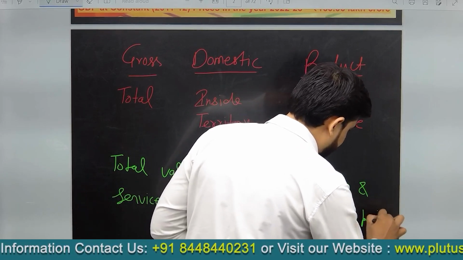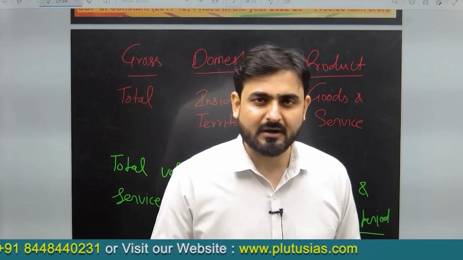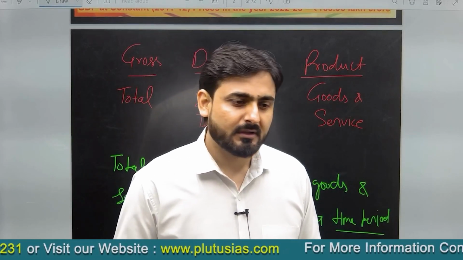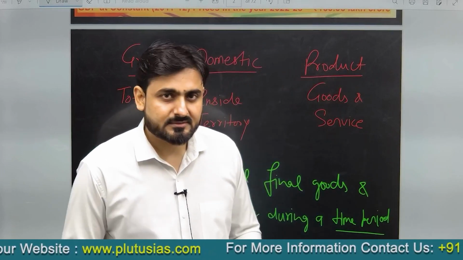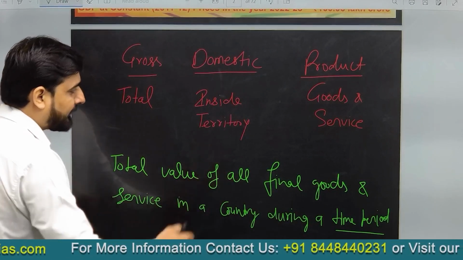And this time period may be one financial year, maybe a quarter, maybe half a year. It depends on the calculation parameter. So gross domestic product means the total value of all final goods.